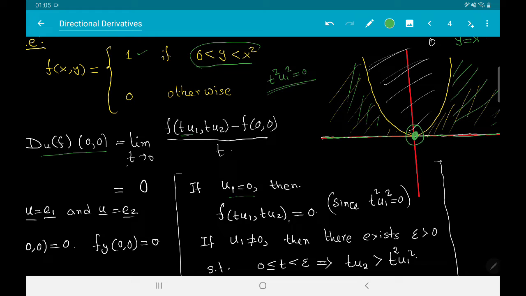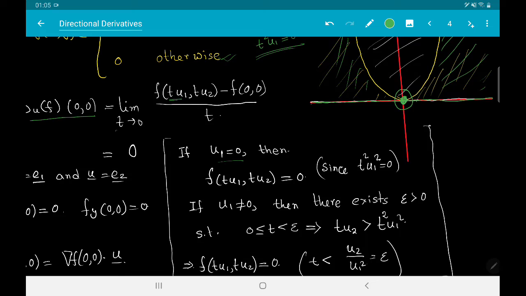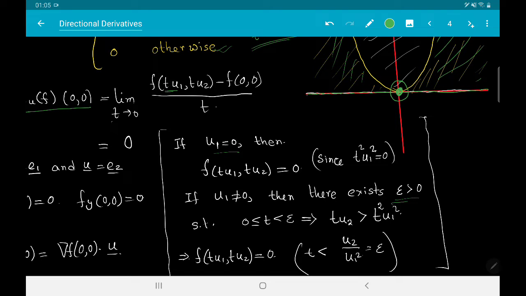So then this point falls in this category, 0, and it evaluates to 0. What happens if u1 is not equal to 0? Then there exists an epsilon greater than 0, such that whenever t is less than epsilon, then t u2 is bigger than t squared u1 squared.